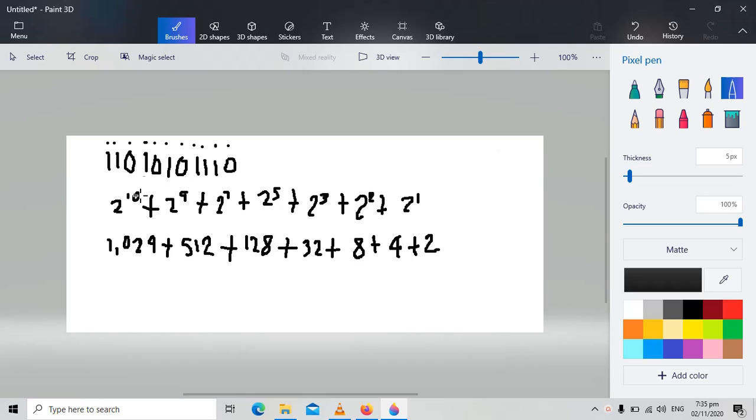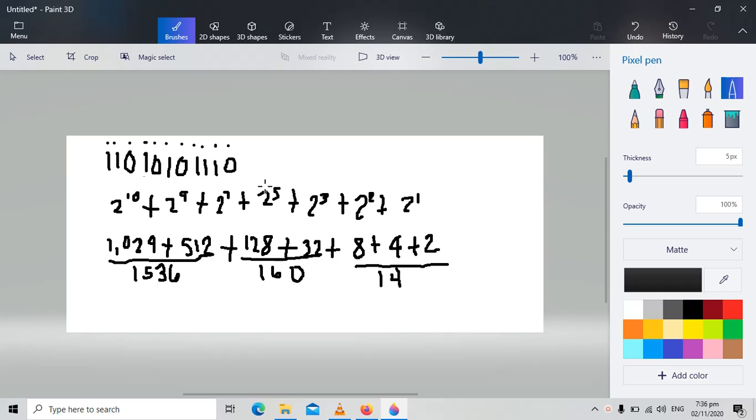Alright, so 1024 plus 512 is 1536. 128 plus 32 is equal to 160. 8 plus 4 plus 2 is equal to 14.